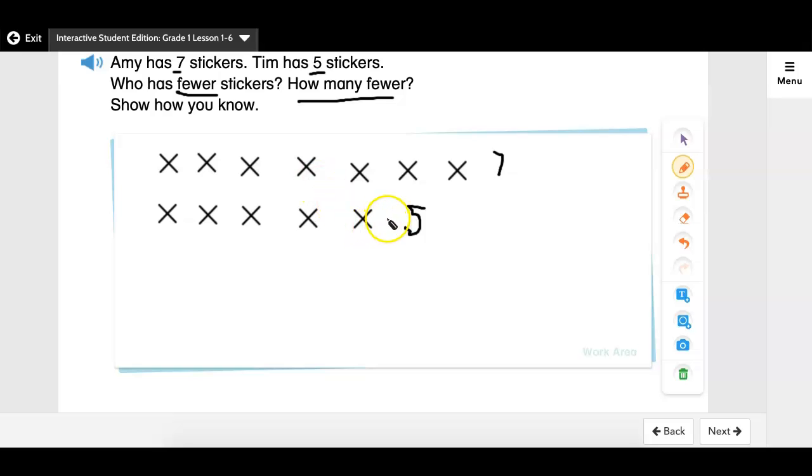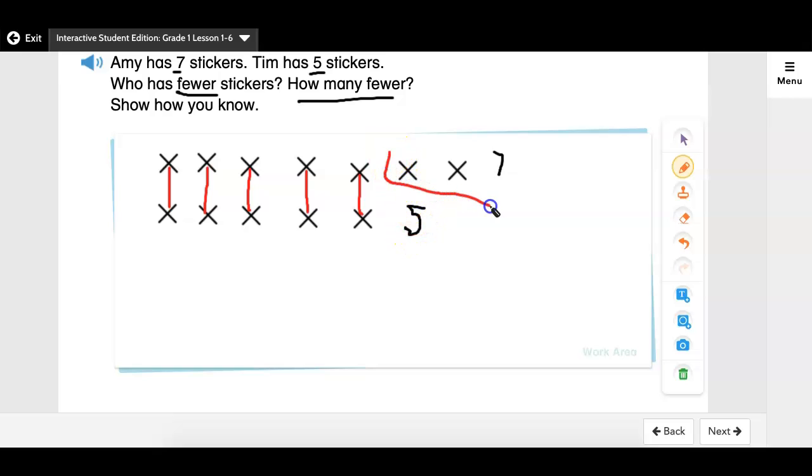So how many less? In our last couple lessons, we have been working with these problems. When we draw it out, we can connect and see that Amy and Tim both had 1, 2, 3, 4, 5 stickers, and then Tim ran out. He did not have any more after 5.